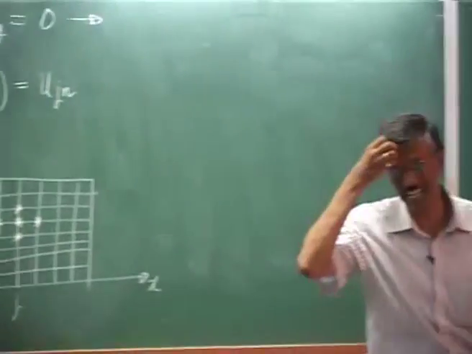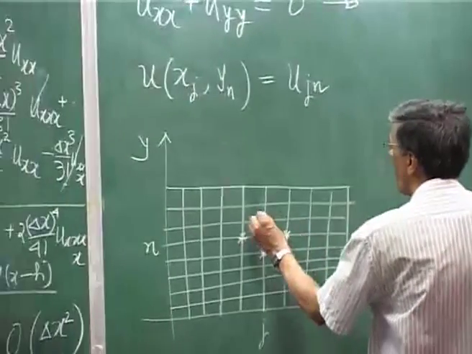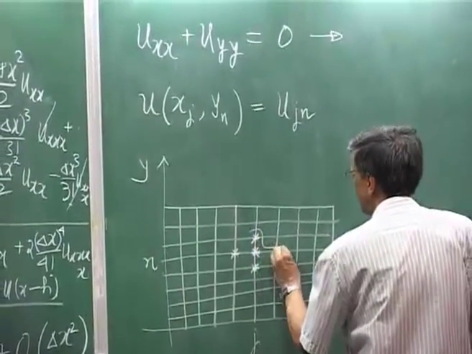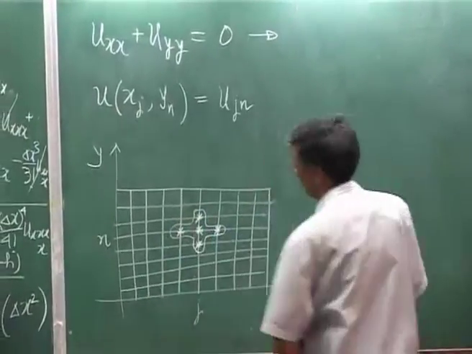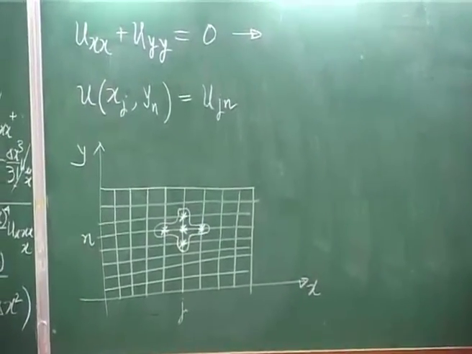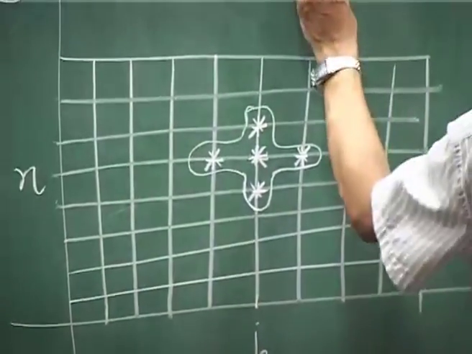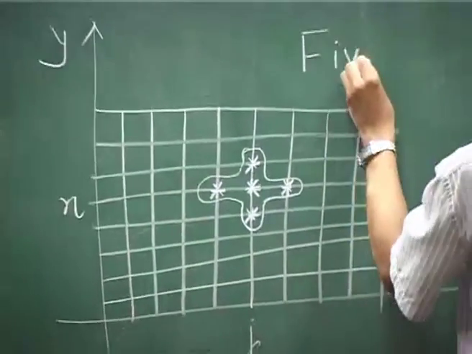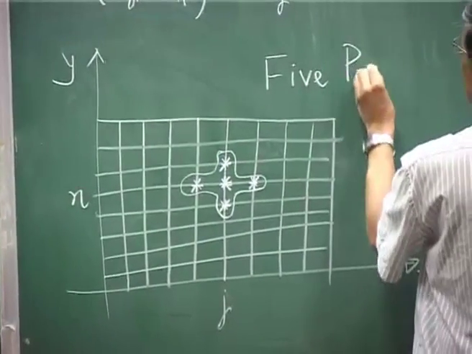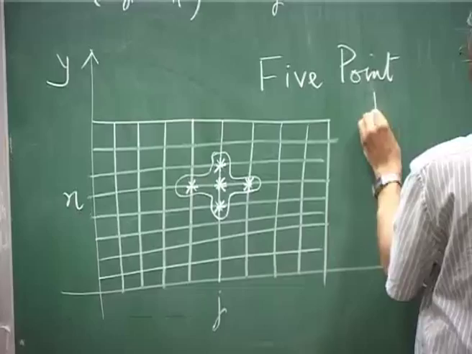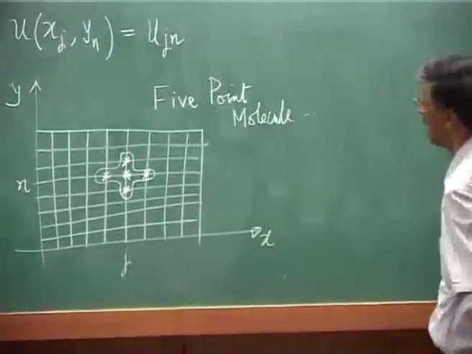So, what you are seeing here, that you get a computational molecule here now, like this, and this is what is called as a 5-point molecule. That is a very elementary discretization one can think of. It is used even now time and again.